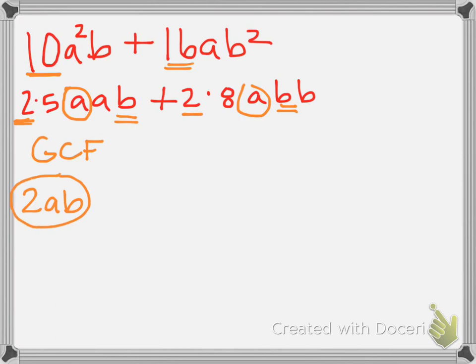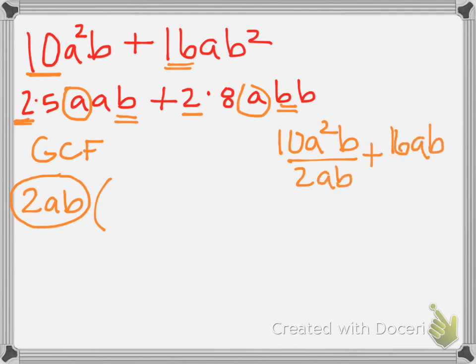How you factor this problem is, after you take that out, you divide by 2AB. That's what you're doing. So this becomes 5.